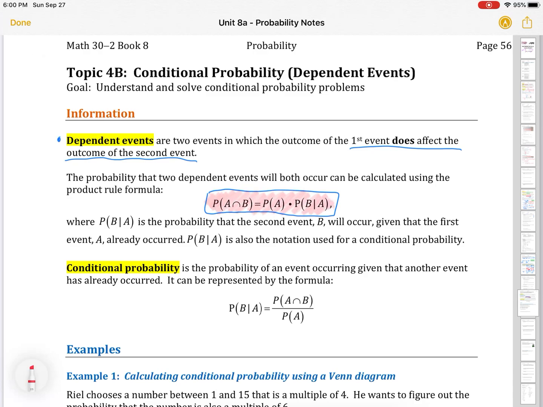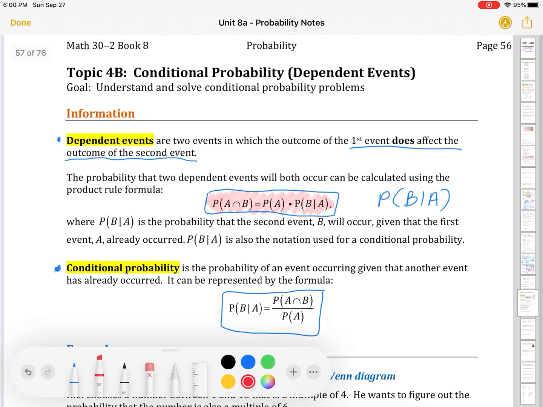It's important to note that this P(B/A) is the probability of B happening if A has already happened, okay? This is the notation we also use for conditional probability. Conditional probability is the probability of an event occurring given that another event has already occurred. And we can use this formula.